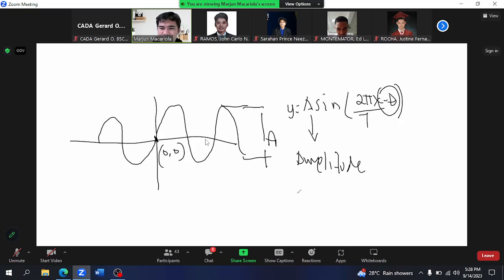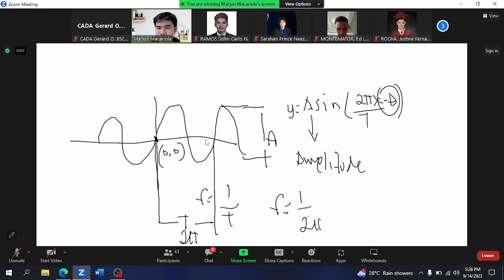And then yung frequency naman, that is basically 1 over T, 1 over the period. Ano ba yung period? Your period is from here up to here, so that is your 2π. To get the frequency, that is 1 over the period. Frequency is in unit hertz.